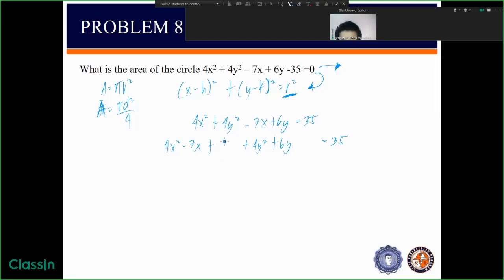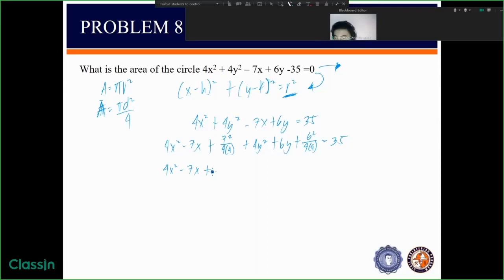Okay? So dito, lalagay ko is b squared over, or pag na-completing the square ka, you have 7 squared over 4 over 4. Okay, ito. Dito naman, you have 6 squared over 4 times 4. Okay. So, you have 4x squared minus 7x plus, ilan to? 4 squared, 7 squared over 4 times 4.